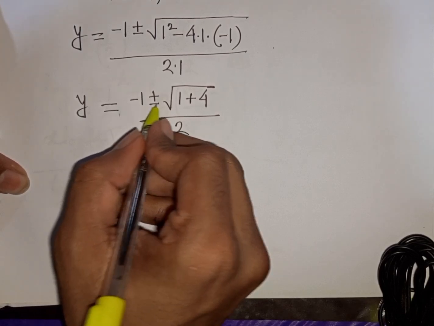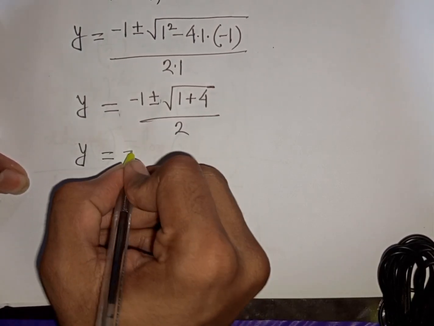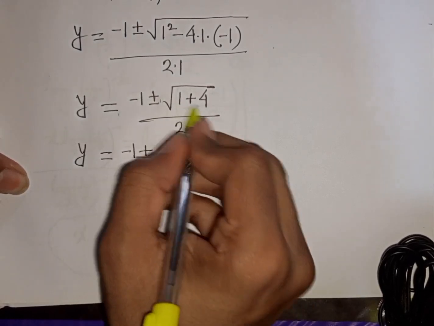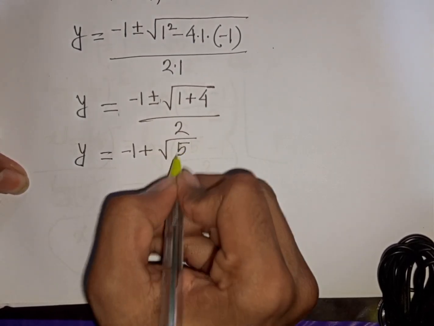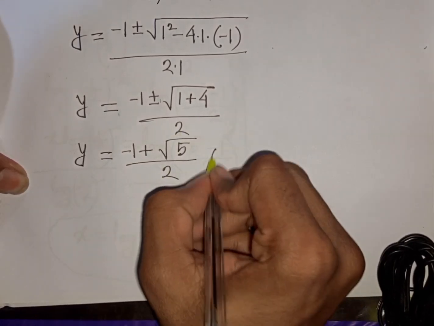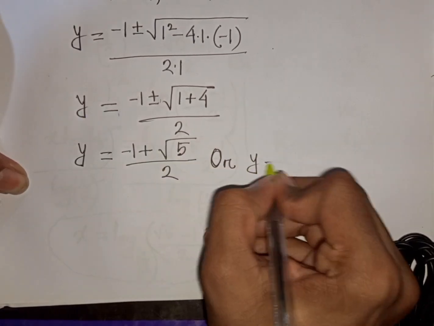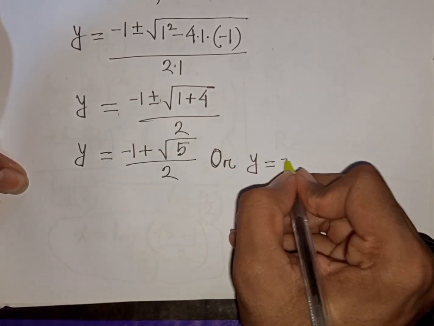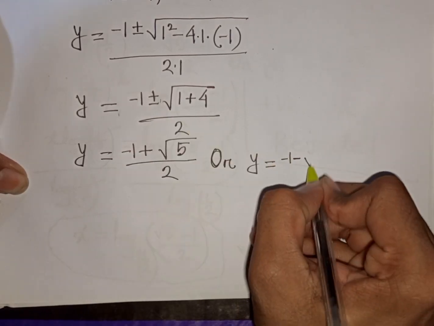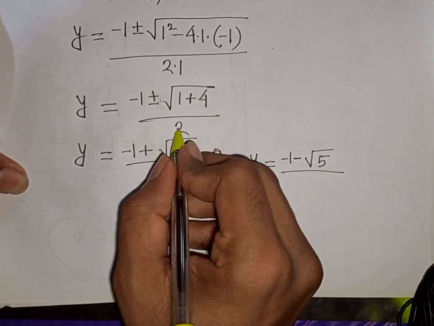Now we see two cases, so you can write y is equal to minus 1 plus square root of 1 plus 4, that means 5, divided by 2, or y is equal to minus 1 minus square root of 1 plus 4, that means 5, divided by 2.